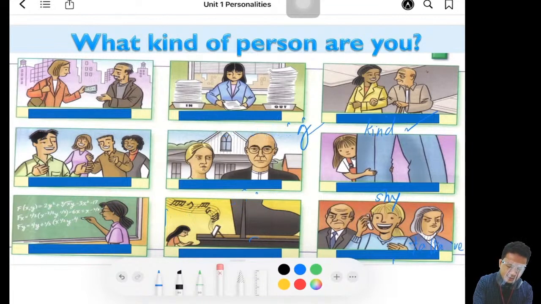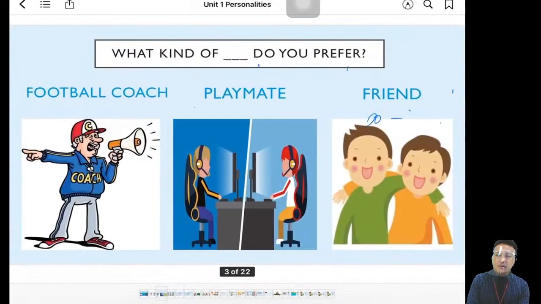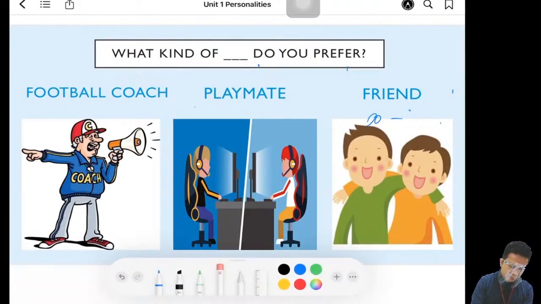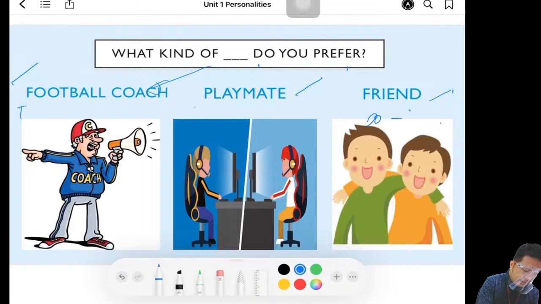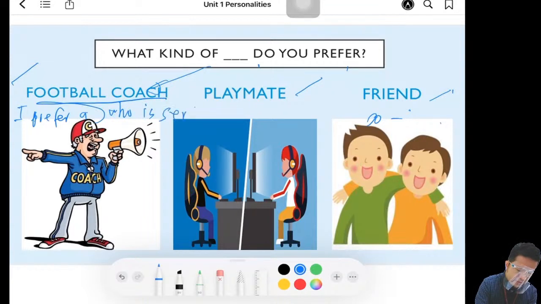Now let's try to go back to the first one. This type of words, you have here the football coach, you also have here playmate, and you also have here friend. And you have the structure, what kind of blank do you prefer? For example, what kind of football coach do you prefer? How to answer it? You can say, I prefer a football coach who is, for example, serious.